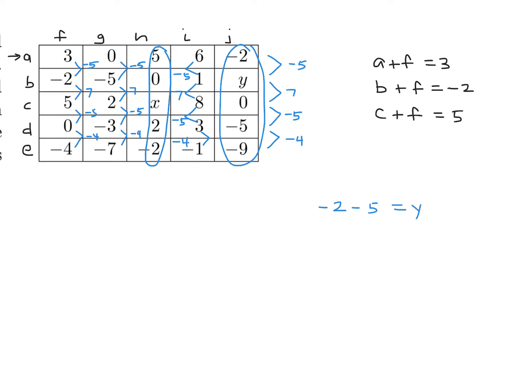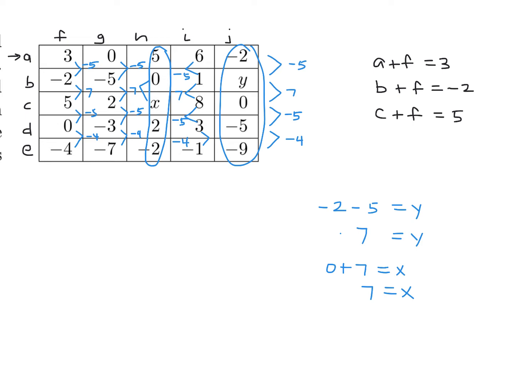You had minus 2 and you went down by 5, so you get down to y. So therefore y is minus 7. And then where's the x? X is here. You're at 0, and to go from 0 to x, that step is going up by 7. So 0 plus 7 is x, so therefore x is 7.